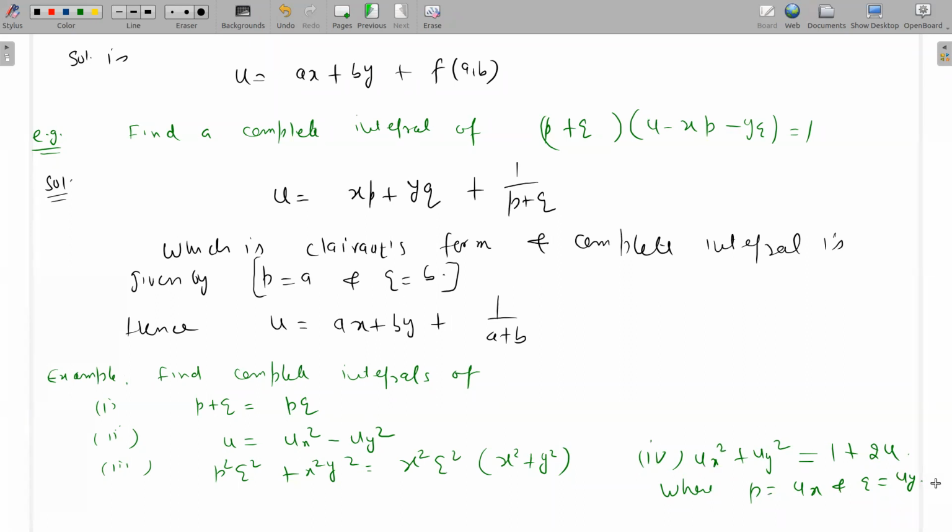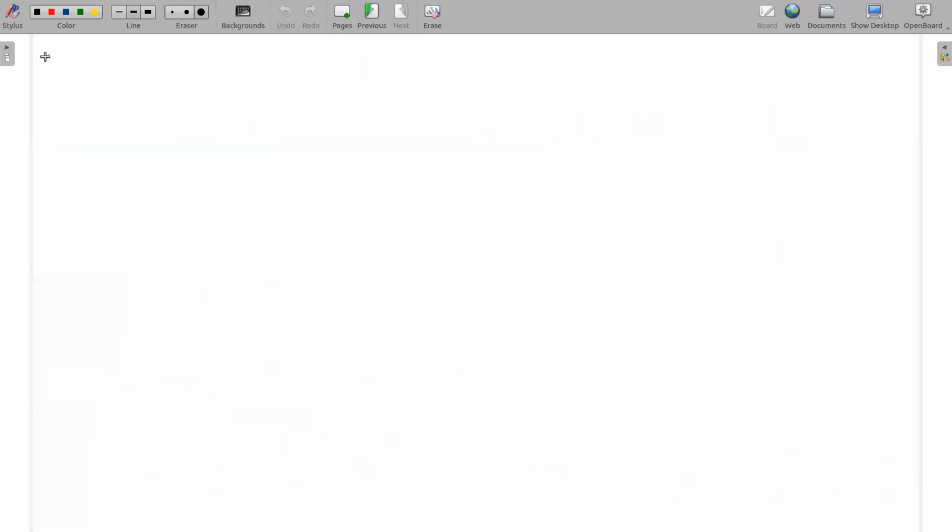Can you identify if these equations have some special form? Which form do you have in the first? For example, equations involving only p and q. First case, p plus q minus pq, so this is my f.